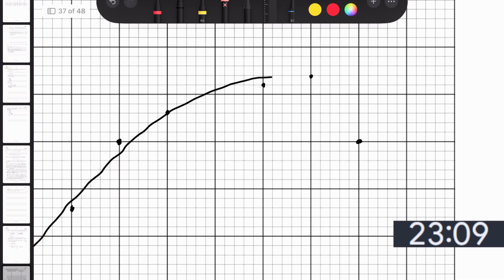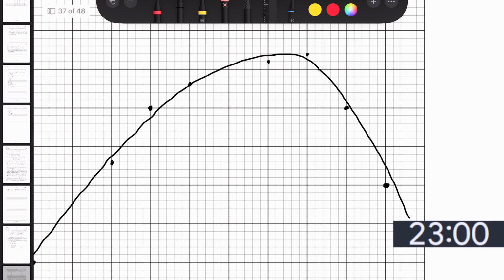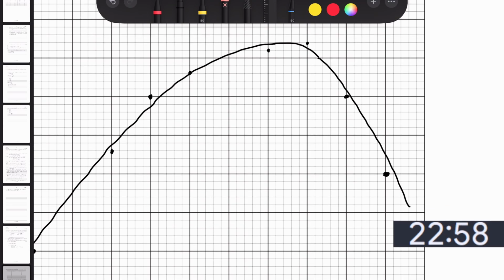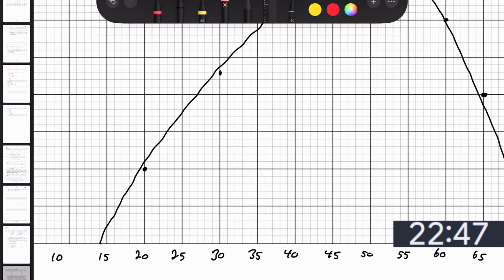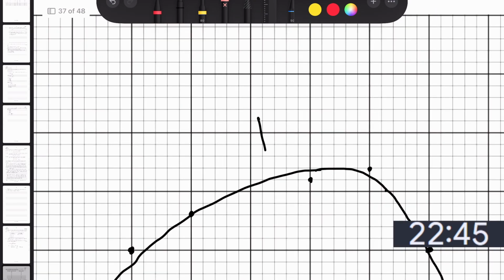So like this, maximum there. Something like that. And I'll just label this line of best fit.